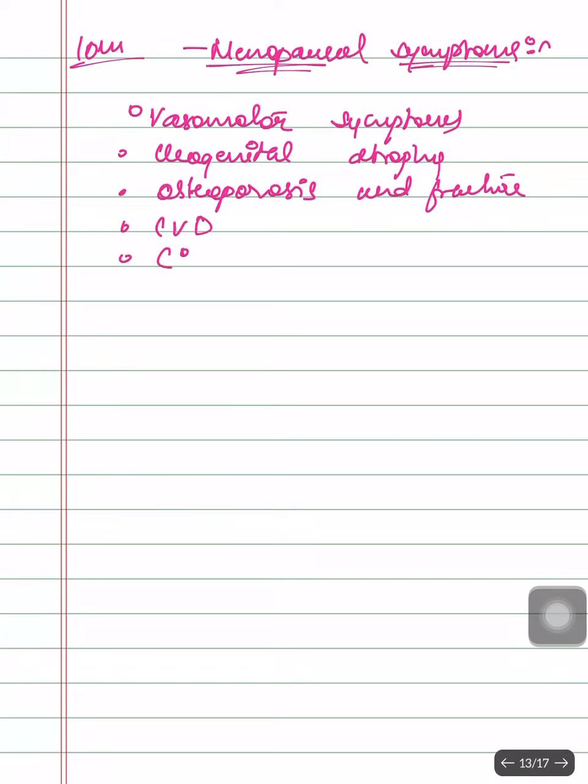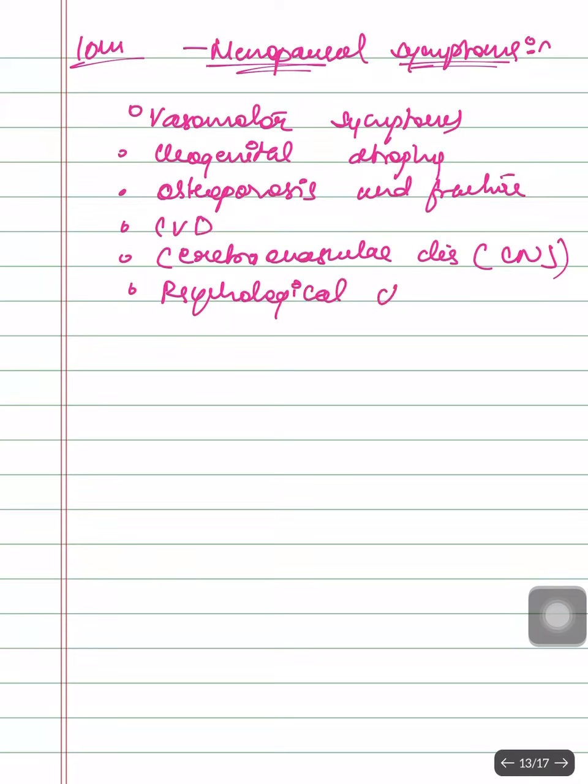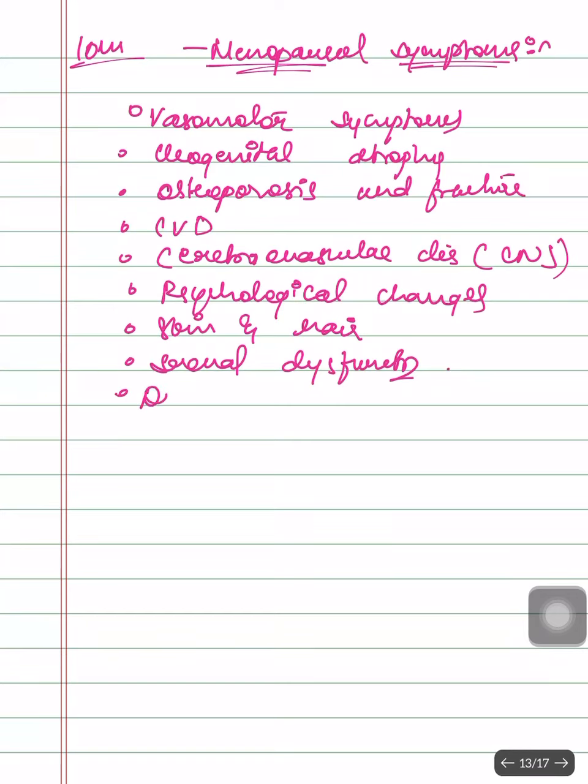And fifth one is cerebrovascular disease, which is related to CNS. There are certain changes that happen in the above mentioned. Next, there are psychological changes that happen once a lady stops menstruating permanently. And there are certain changes in skin and hair, sexual dysfunction, dementia and cognitive decline.